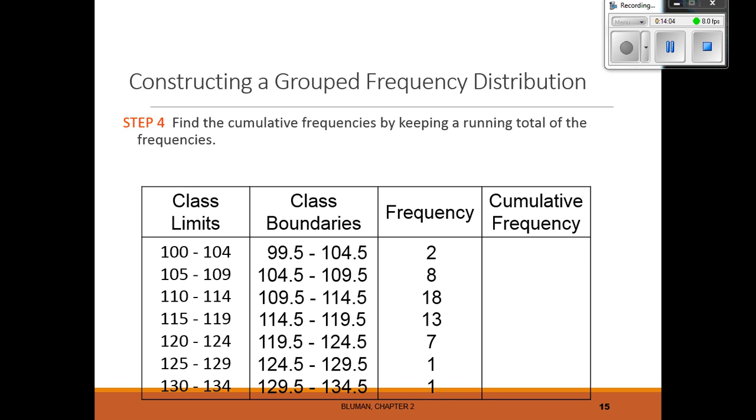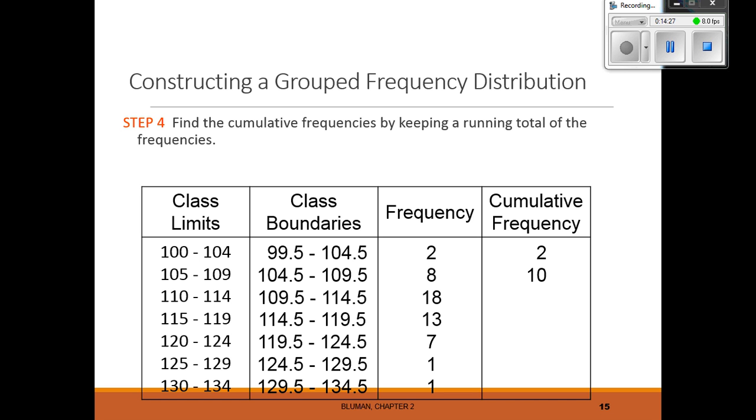So how many numbers have appeared in or before 100 to 104? The answer is 2. How many have appeared in 105 to 109 or below? Well, 8 appeared in 105, and there were 2 in the one before.